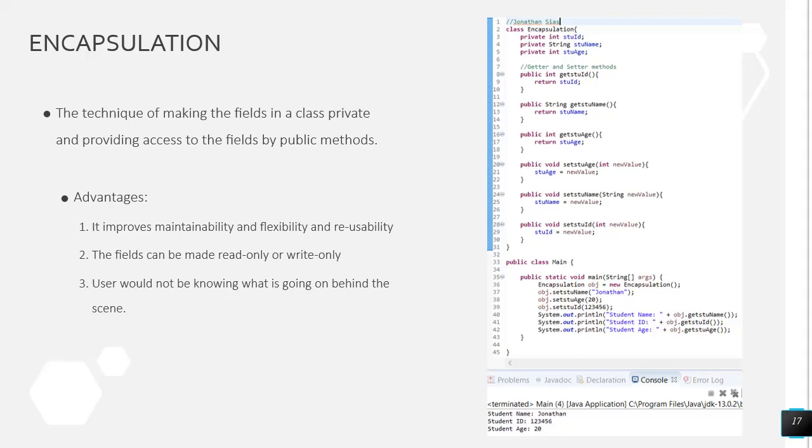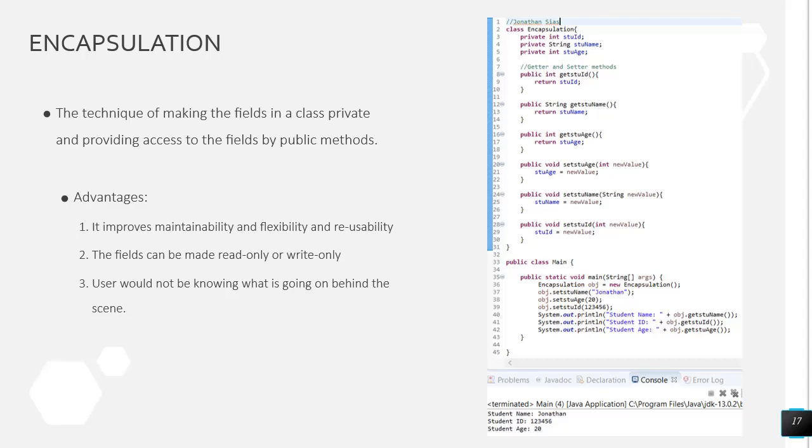In my code on the right, I have the class Encapsulation, which makes the instance variables private, so they cannot be accessed directly from outside the class. We have to set and get values of these variables through the methods of the class. That's why I put private int studentID, private String studentName, private int studentAge. So in this example, all three data members are private.